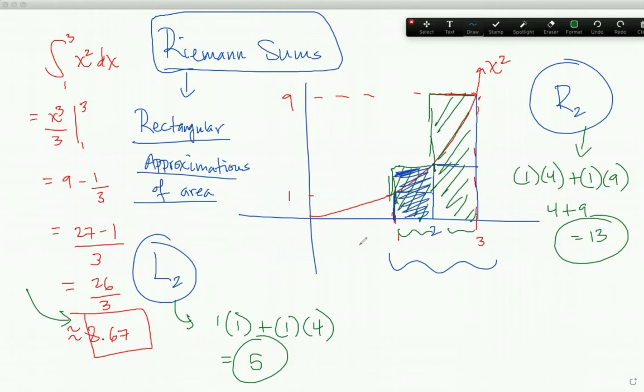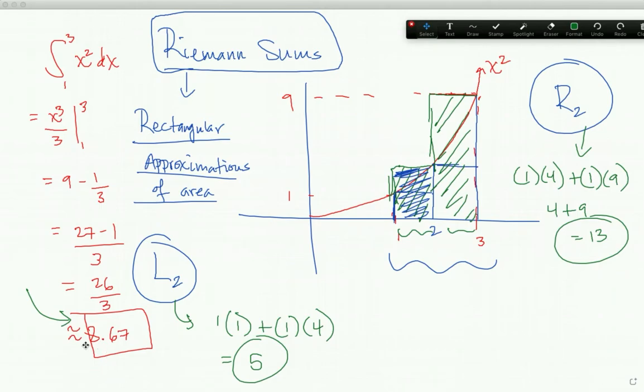The function needn't be an always increasing function like I drew. If the function was decreasing, they would actually swap roles. The left one would over approximate it, and the right one would under approximate it. Fair? Yeah.